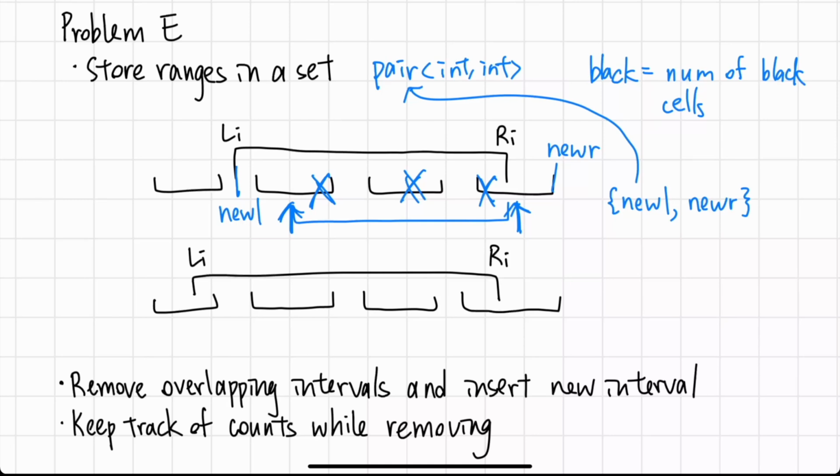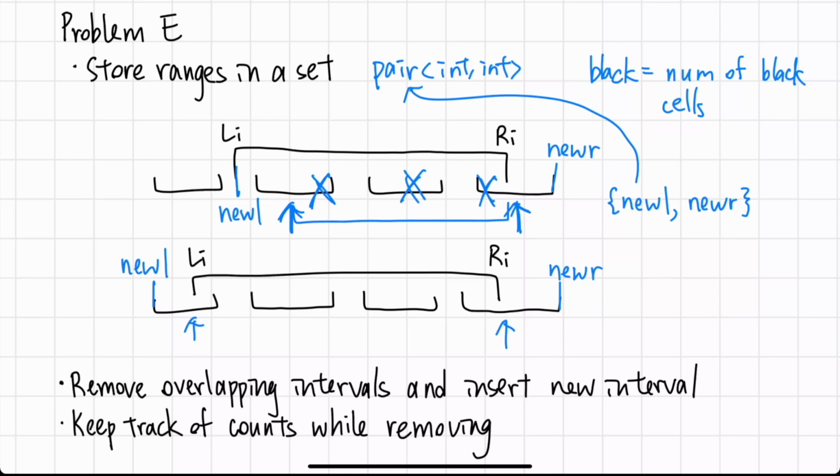These still represent the previous intervals that we have already stored in the set. Again, we can use binary search like lower bound, upper bound functions in the set to locate these two intervals. And what we will do again is we will find the minimum. So this part would be new L, and this part would be new R.